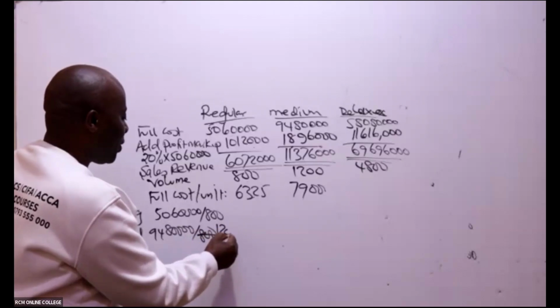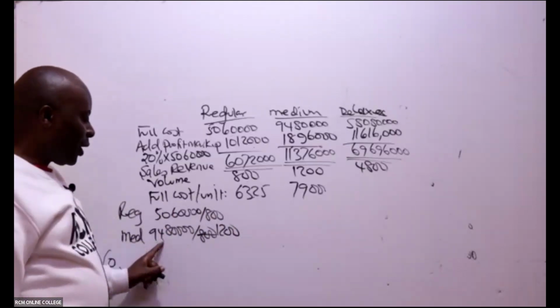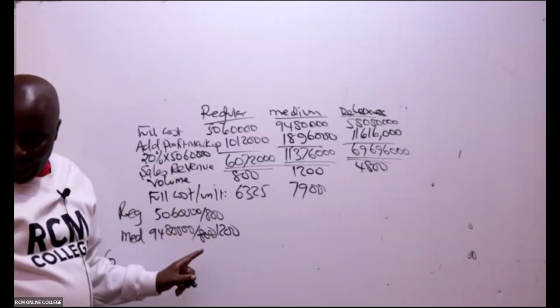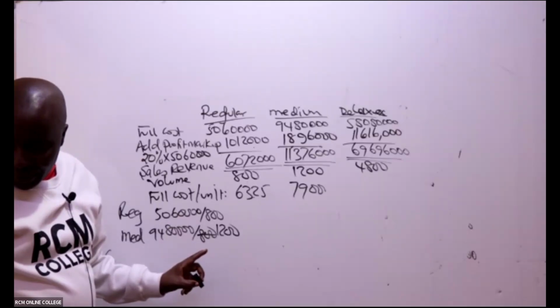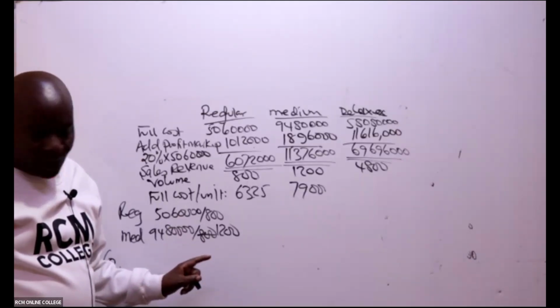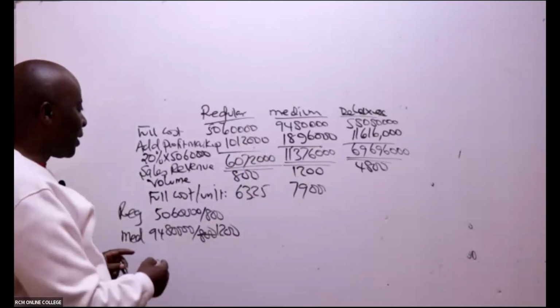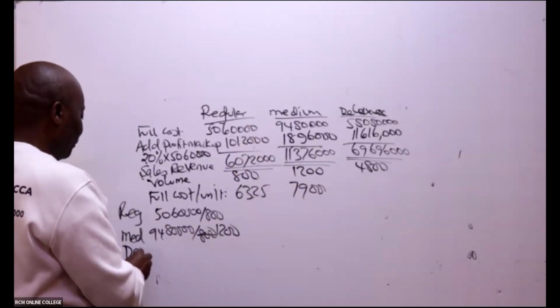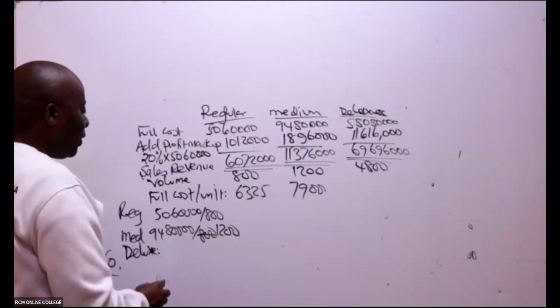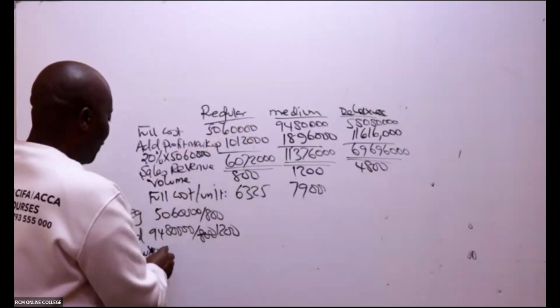So 9480,000 divided by 1,200. Will that give me 7,900? Because you can see for medium, it's 1,200. Yeah. And then lastly, we have deluxe. So for deluxe, I can see the full cost is 580.